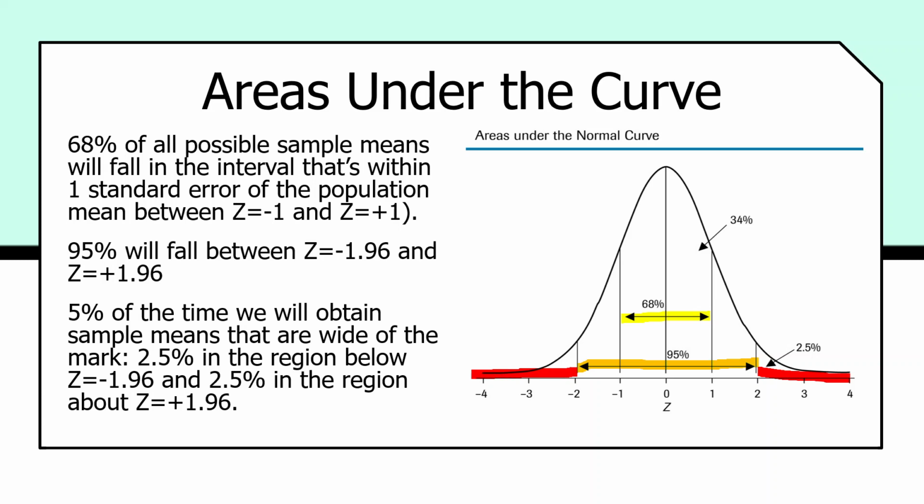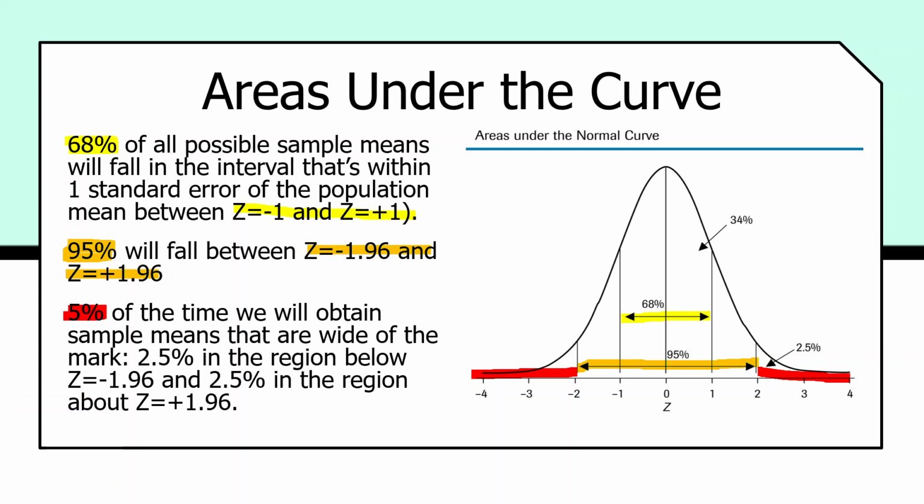So let me just reiterate those before moving on to the next presentation. 68% of all possible sample means will fall in the interval between one standard error below the population mean, a z of -1, and one standard error above the population mean, a z of +1. And 95% will fall between a z of -1.96 at the low end and a z of +1.96 at the high end. 5% of the time we obtain sample means that are wide of the mark, and this is just by chance.